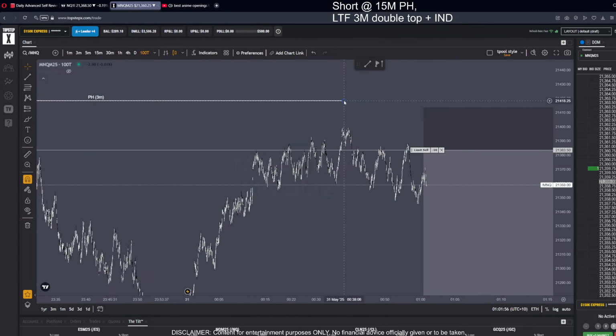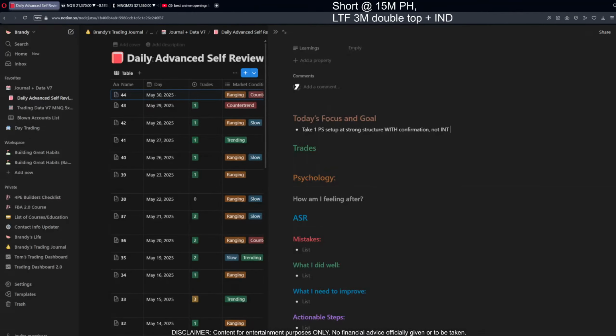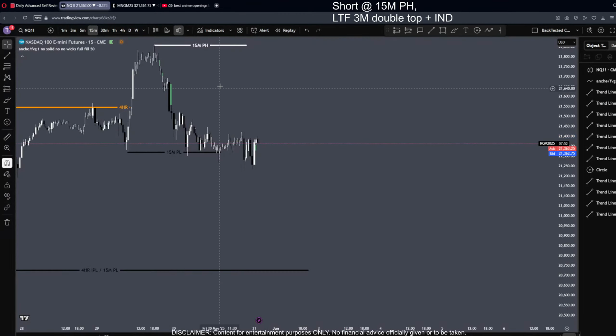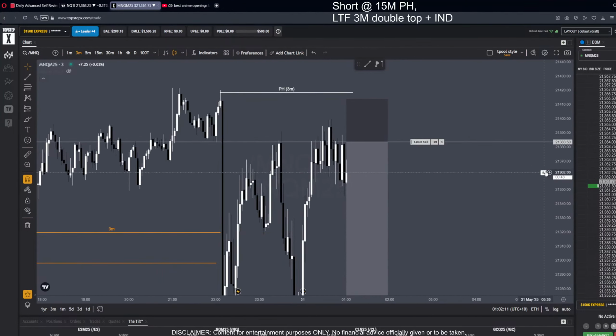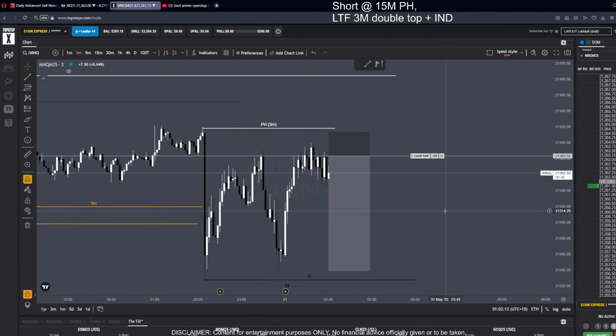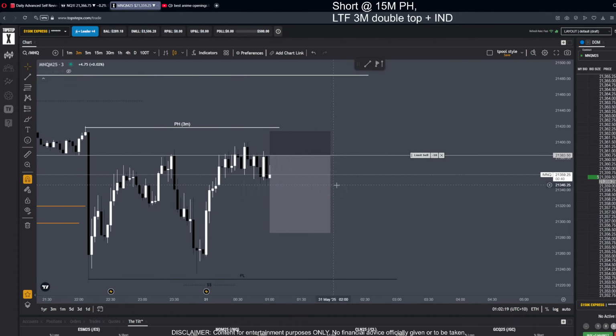Technically this is a strong protected structure. We are following our focus for today, which is one protected structure setup at a strong structure with confirmation. So we've got the confirmation at the protected structure on a 3 minute, which is obviously slightly less than ideal, but we'll take something like that. If it comes back up, if not, I'm not stressed.